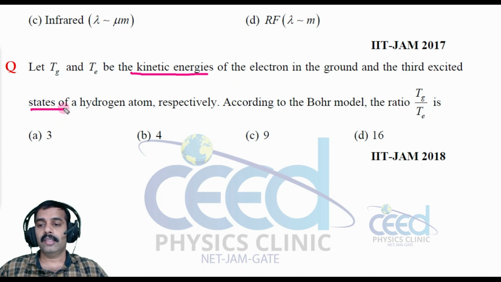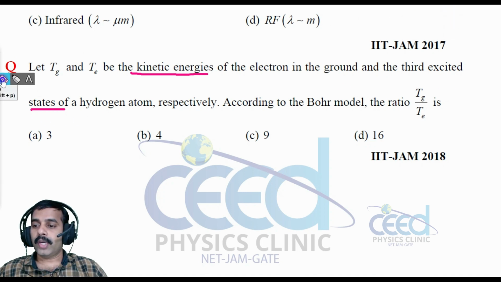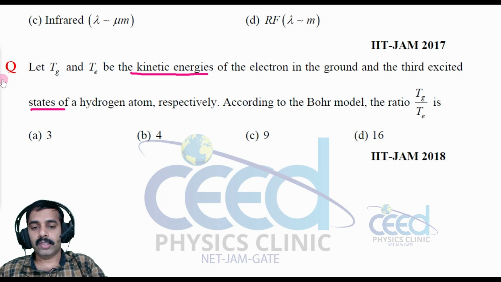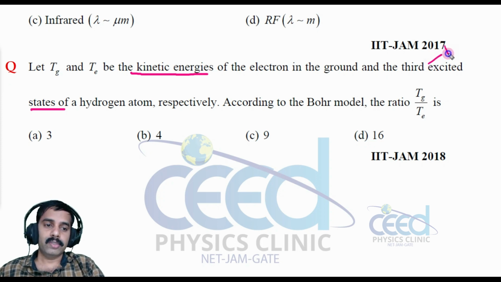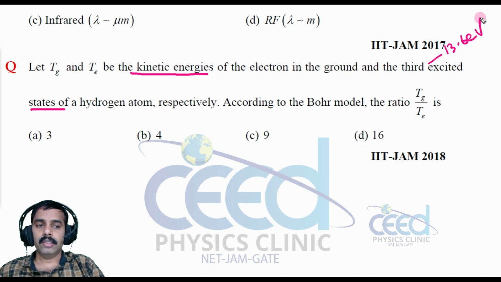What is the expression for kinetic energy of an electron? From the Bohr model, we have already studied that the ground state energy is minus 13.6 electron volt.